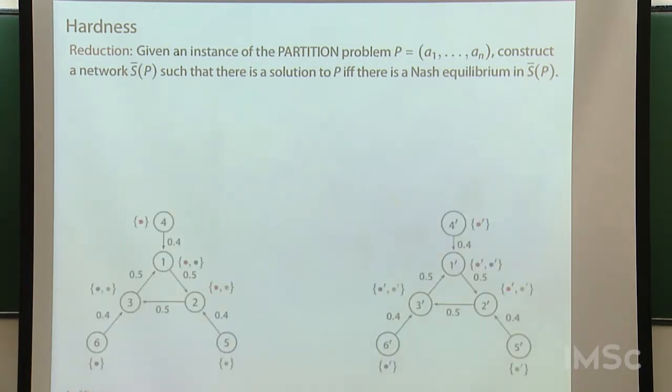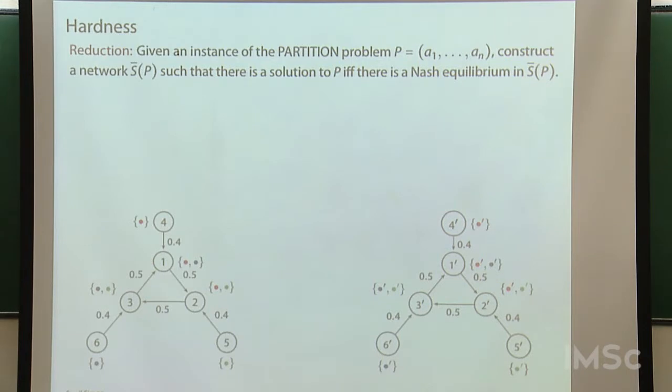What we are going to do is take the same network which didn't have a Nash equilibrium, and make 2 copies of it. Now the important point to notice is that suppose for some reason you can make T0 a best response of player 1. Then of course this network has a Nash equilibrium, right? Is that clear?